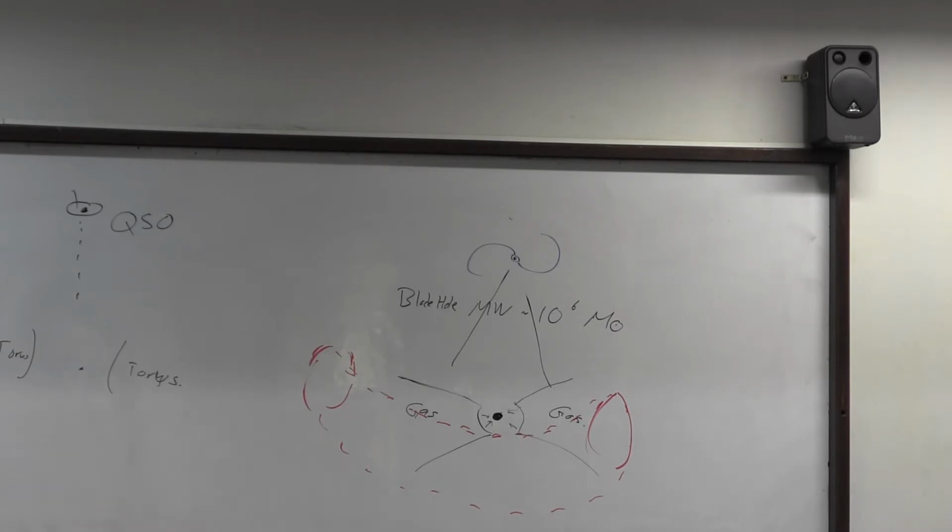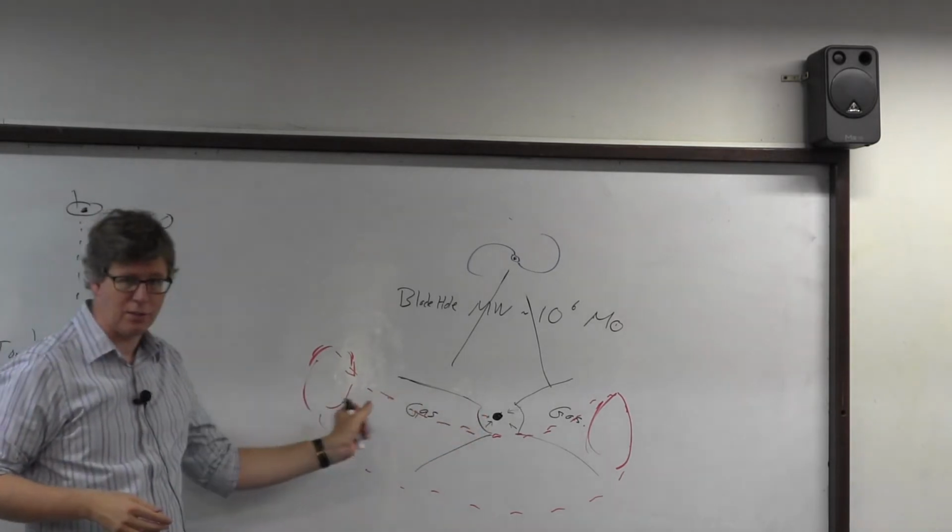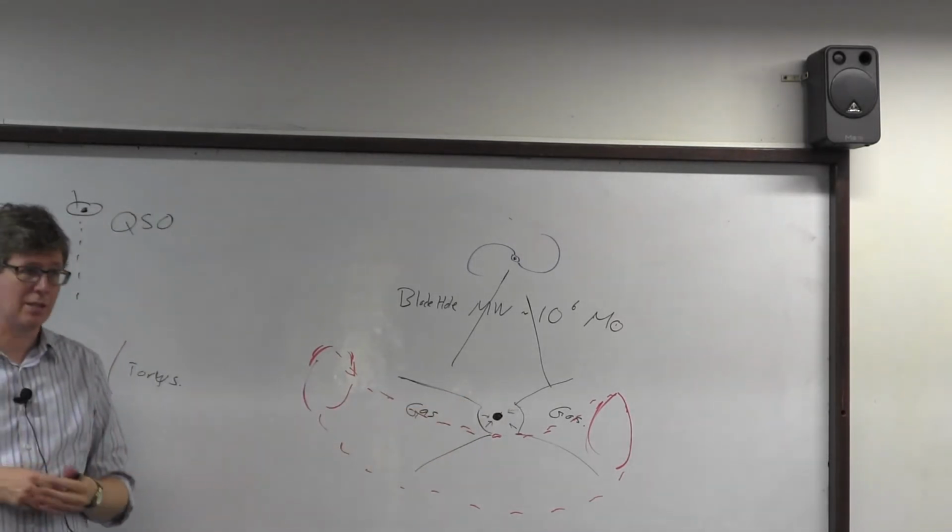And so what seems to happen is that the brightness and the luminosity of the quasar is proportional to the mass of the black hole to some power. Okay. So you put more mass into the black hole, it gets brighter. But it is also dependent on how much gas you can feed into the black hole. So both of those things need to be there.